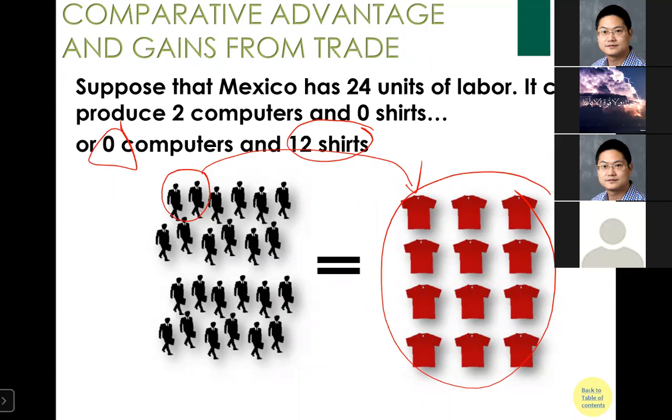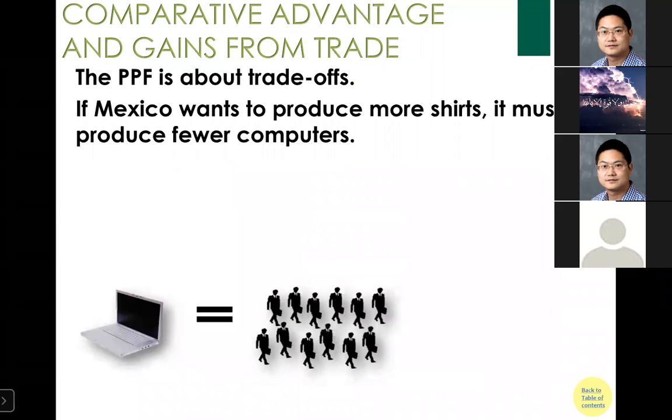You can produce one or the other, or certainly a combination of both. Now the PPF, what we learned in the previous chapter, is about the trade-off of resources, what you can produce and what you cannot.